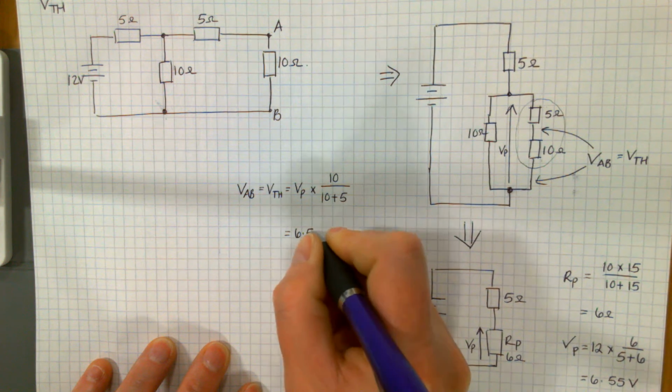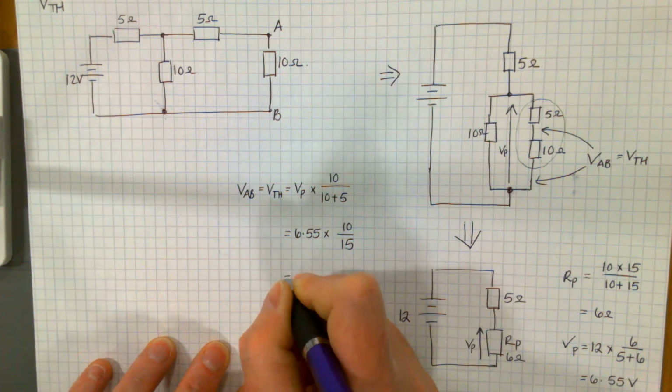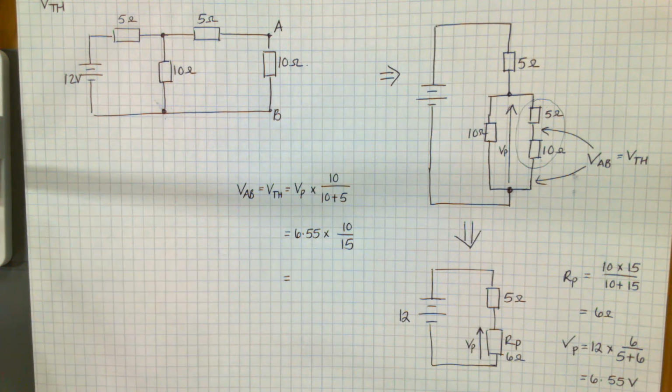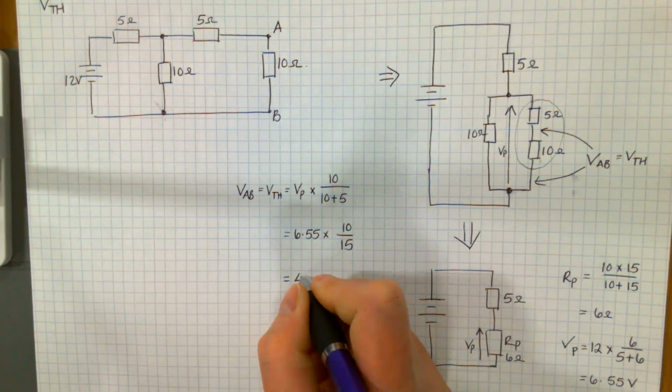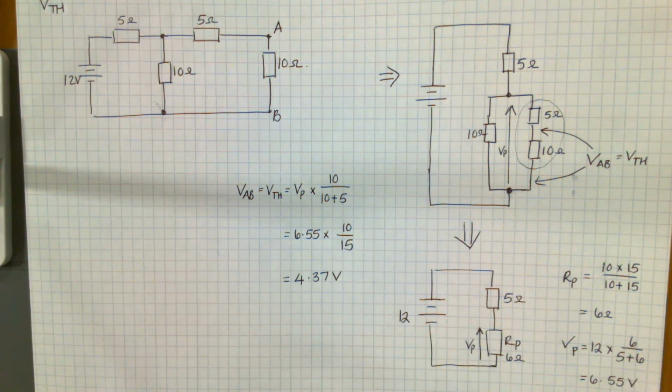So 6.55 times 10 divided by 15. And that gets you 4.37, rounded.